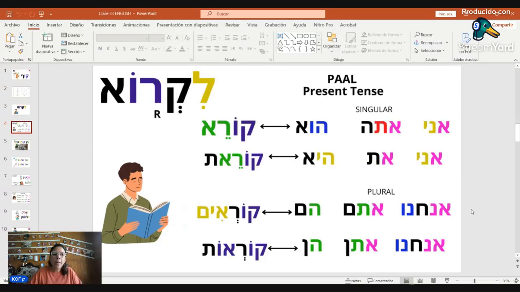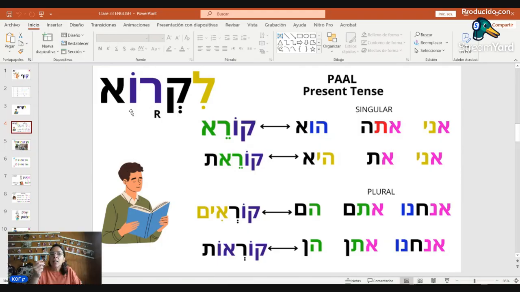This is how we conjugate the verb likro. We conjugate it in the same way we did with lilmod. So we have to erase lamed and erase holam vav in order to find the shoresh.